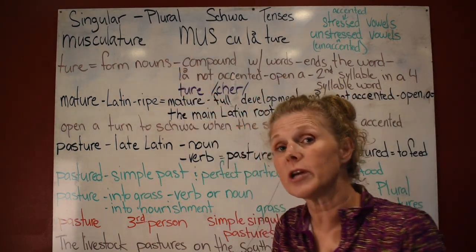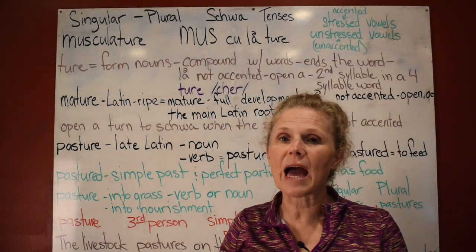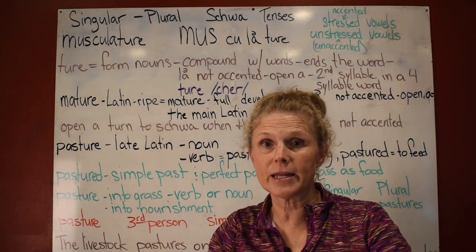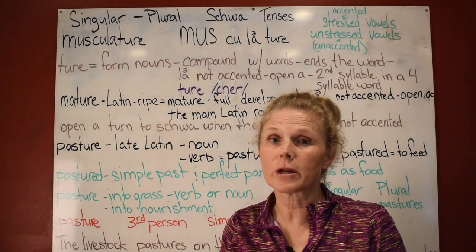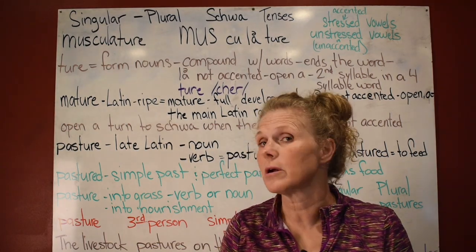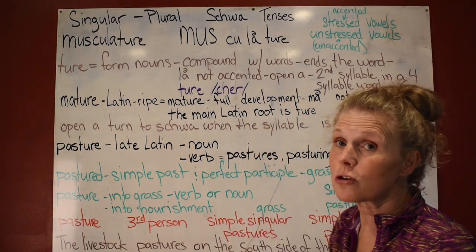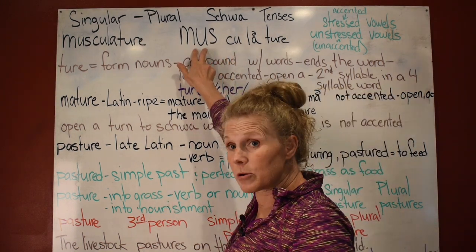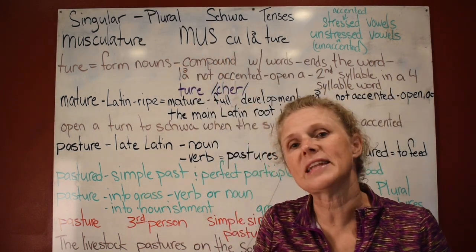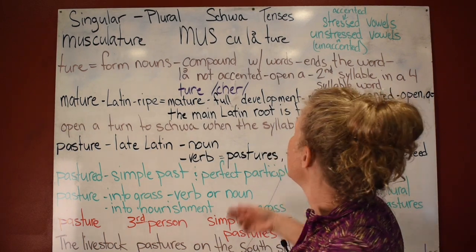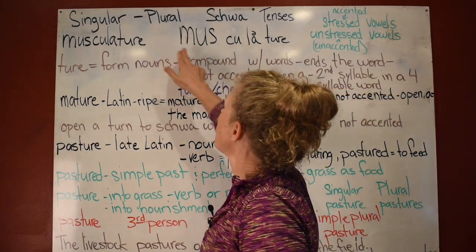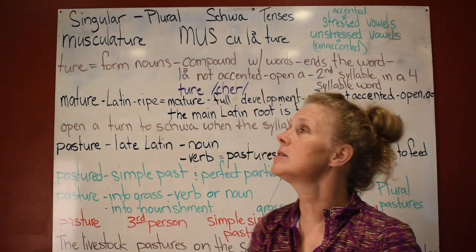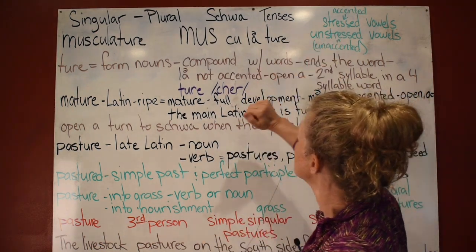When you look in a dictionary, let's say you don't have access to spelling a word out and hearing it from your computer or smartphone. You're looking it up in the dictionary, trying to figure this out. If you see it in capital letters, you know that is the accented syllable. That is the one that should be the loudest, the longest. It's the one that is stressed.